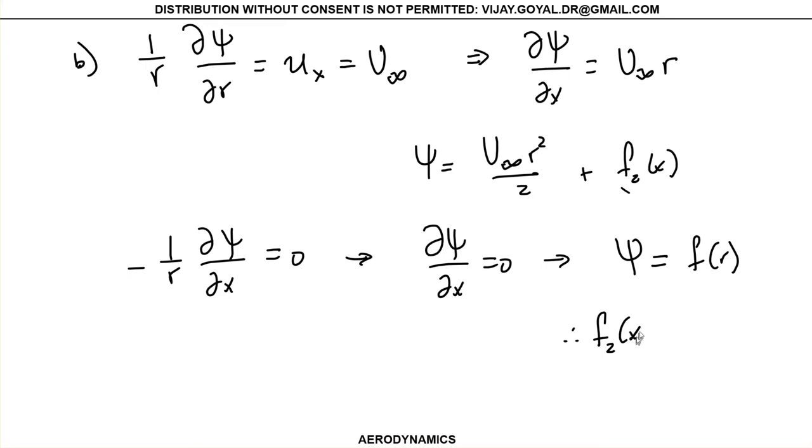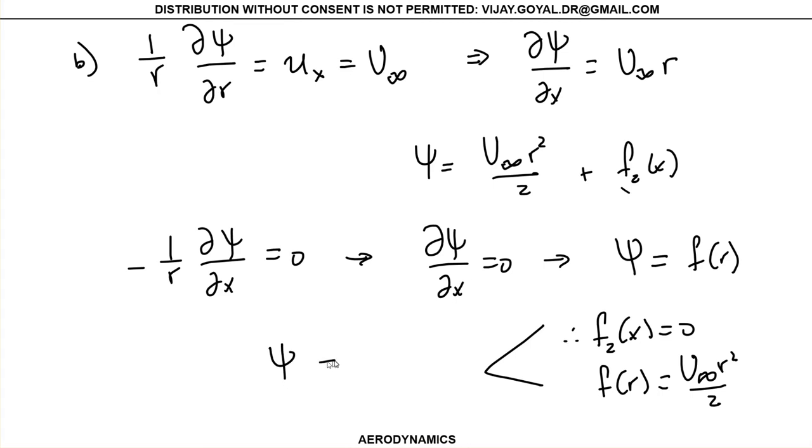So how about I take this equal to 0, and I take my f of r equal to u infinite r squared over 2. If I did this, then my stream function is actually equal to u infinite r squared over 2.